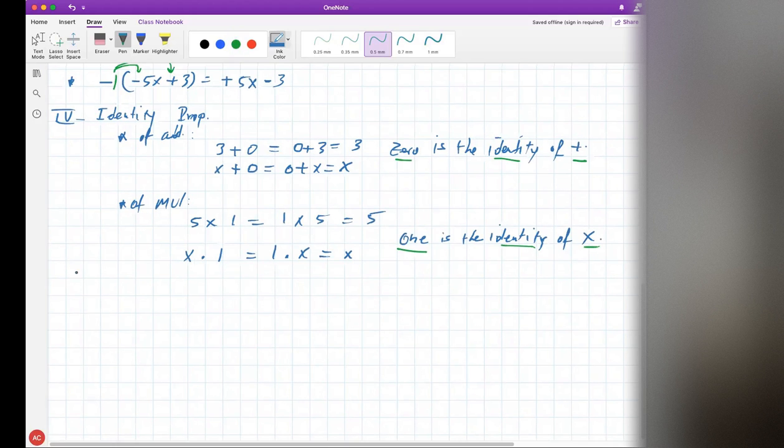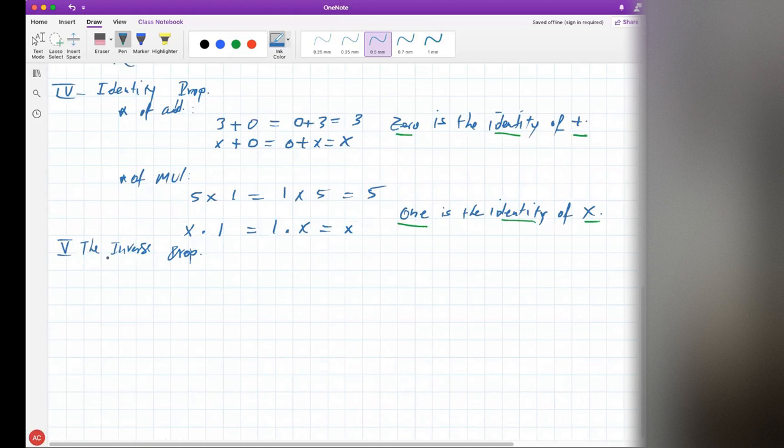There's another one, the fifth one here, which should be the inverse property of real numbers. It's also pretty simple.